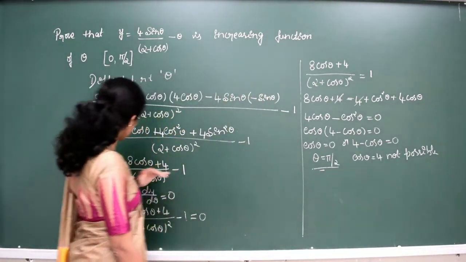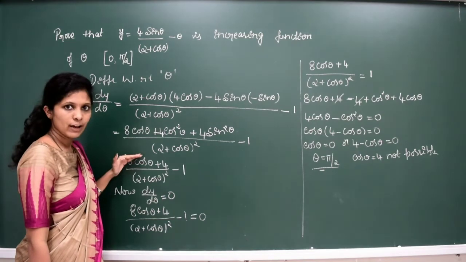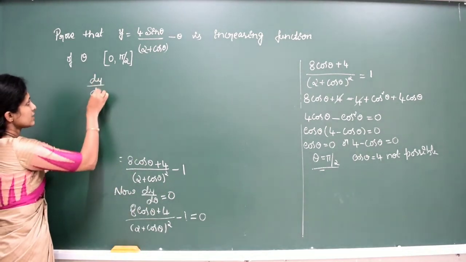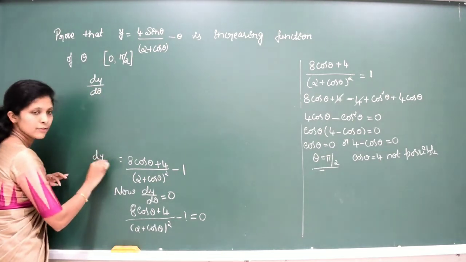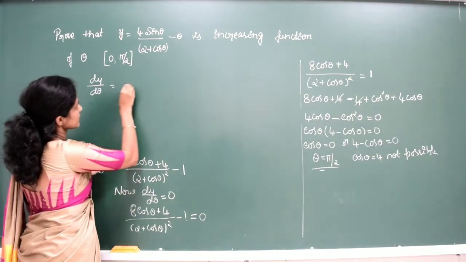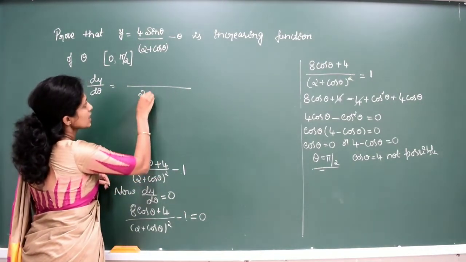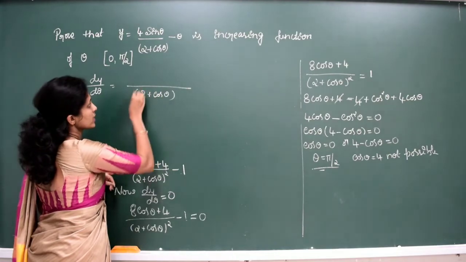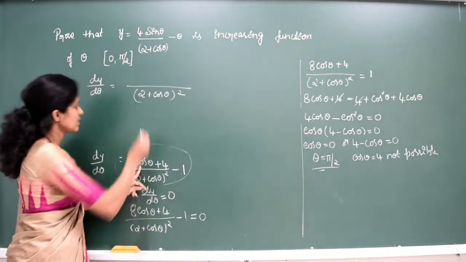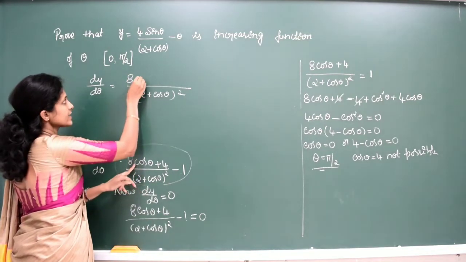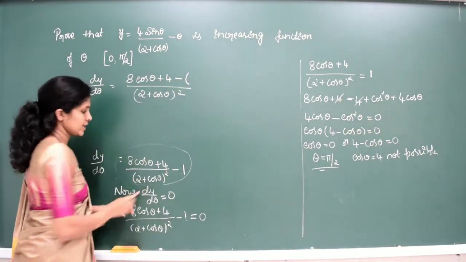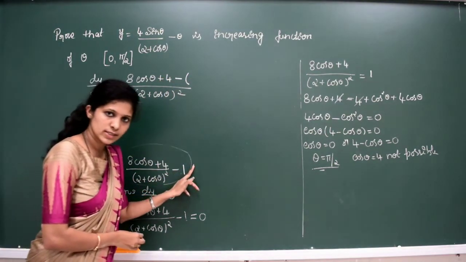Okay. Now we will check the value of f dash of x. I don't have place here, I will erase this one. We have dy by d theta is equal to this one, right? We will simplify this one because here minus 1 is there. So we will take the LCM as (2 plus cos theta) whole square. Is it clear? I am writing this one. The numerator is 8 cos theta plus 4 minus of, here you have to multiply by (2 plus cos theta) whole square.